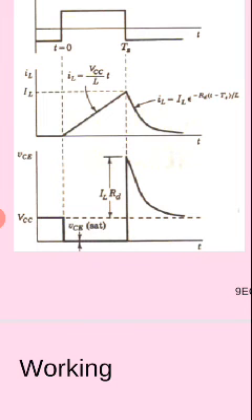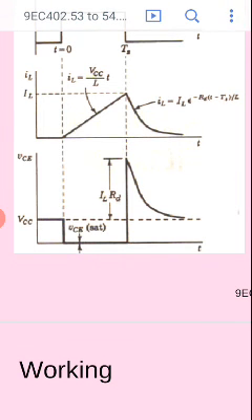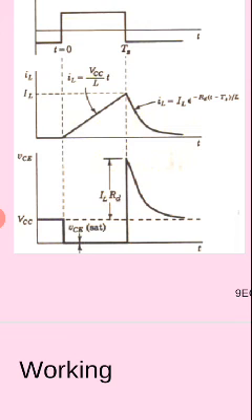For a negative pulse, the transistor gets reverse biased and it does not conduct, acting as open. Hence, the inductor discharges.